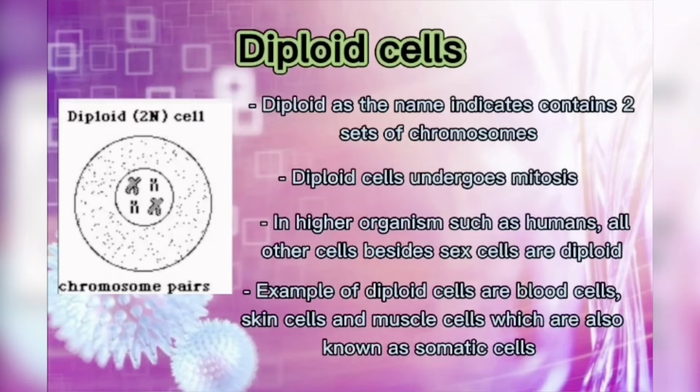Diploid, as the name indicates, contain 2 sets of chromosomes. Diploid cells undergo mitosis. In higher organisms such as humans, all other cells besides sex cells are diploid. Examples of diploid cells are blood cells, skin cells, and muscle cells, which are also known as somatic cells.